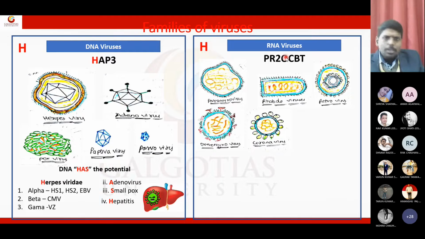I prepared these notes, this diagram, in 2016. But we have known coronaviruses since 1990 onwards, because in 2002, one of the coronavirus family, a virus called SARS, severe acute respiratory syndrome, appeared. SARS virus is a coronavirus.